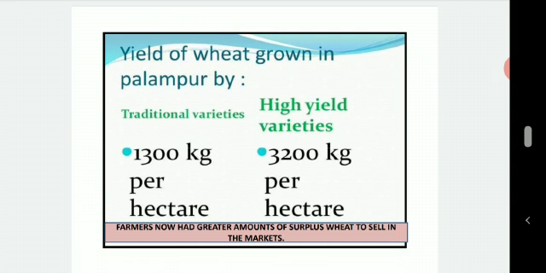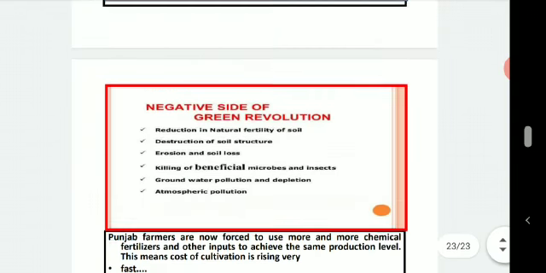So, as a result, the farmers started making surplus production of wheat. That means after consumption they had enough wheat left. So, that made them sell it in the market, thus making a profit.